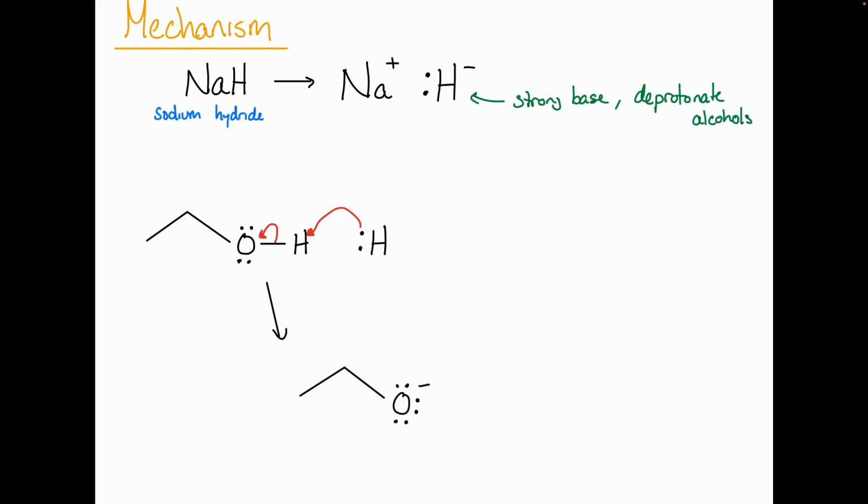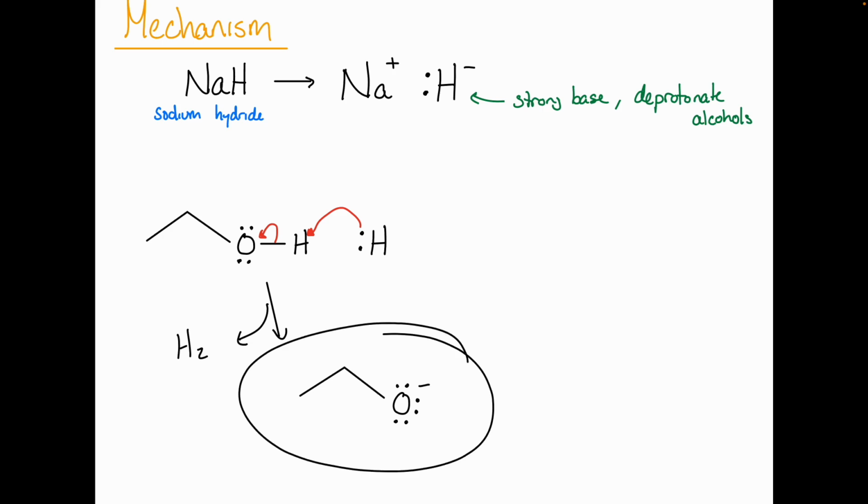What's my inorganic product of this first step? Hydrogen gas, yeah. This is one of the reasons why they love to use this as a base: that hydrogen just goes flying out into the gas phase, leaving you with just your deprotonated alcohol. So it's a really efficient means of deprotonating that alcohol. Now I've got a beaker of my deprotonated alcohol, and that hydrogen's left.